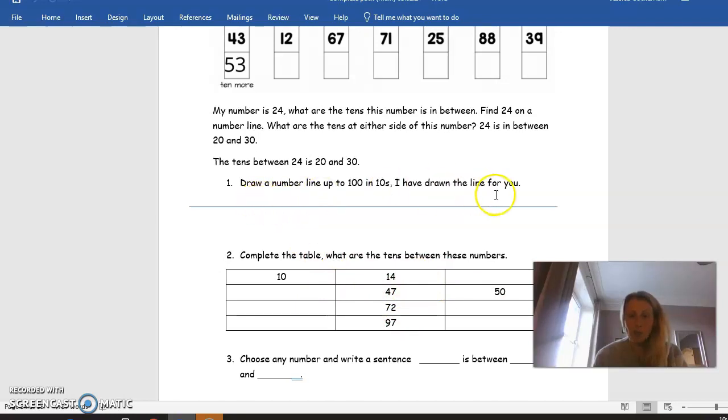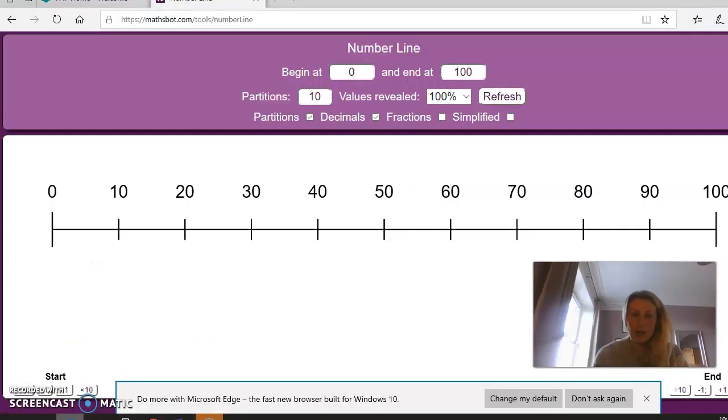You can use your own number line that you've done, or you could use the number line that Mrs. Cochran has just shown you. That's a really good way, and then your grown-up at home can keep asking you question after question. Can you find me number 75 on the number line? Where would you estimate that 75 goes? What are the tens between 75? Well done. The tens between it are 70 and 80, aren't they? Tens between the number: 70 and 80.